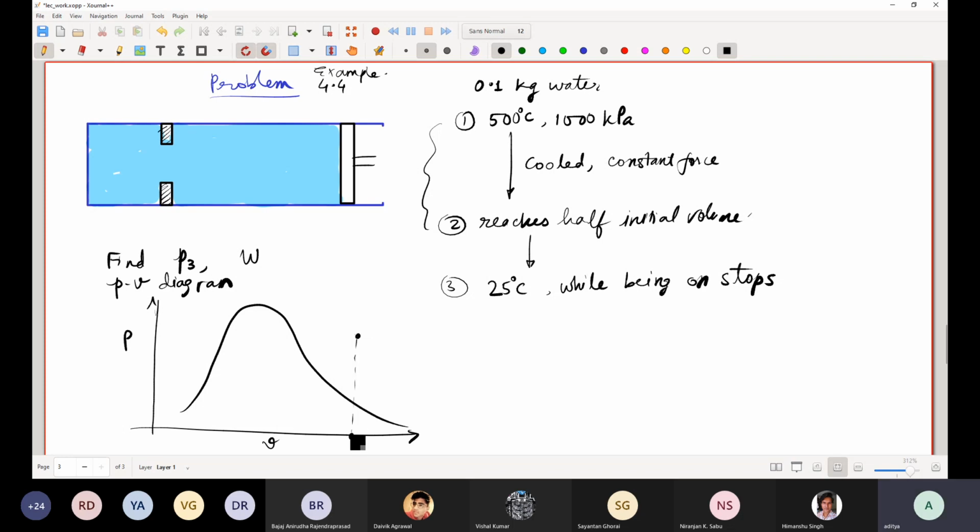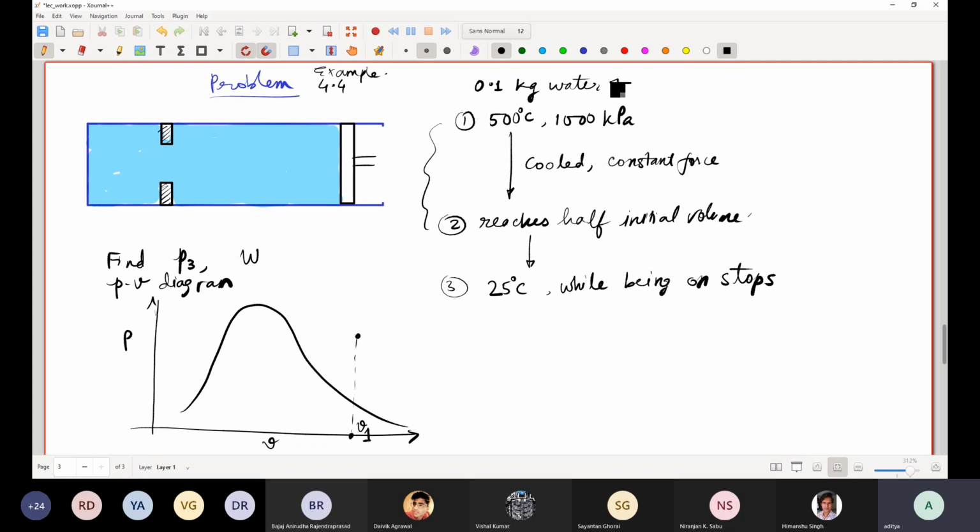So what do we have? We have this initial specific volume, say the specific volume is V1, and it reaches half the volume. Now look, the amount of mass of water that is contained in the piston cylinder arrangement is not going to change.